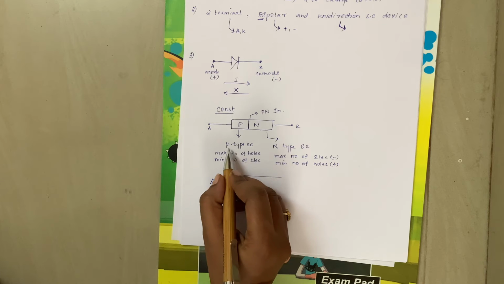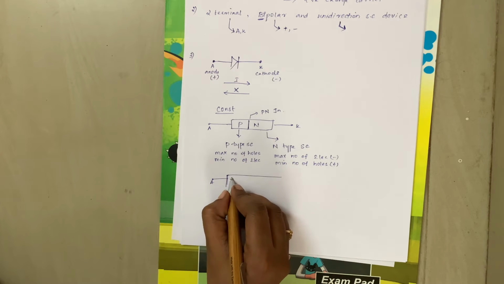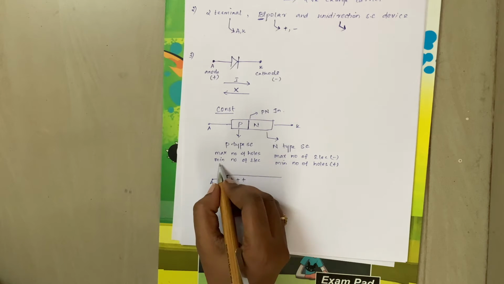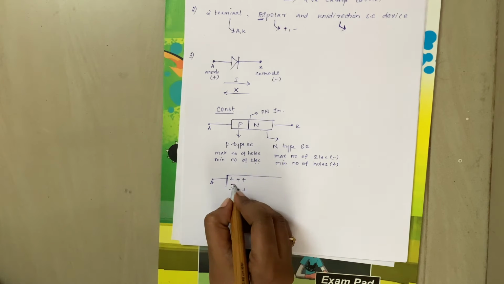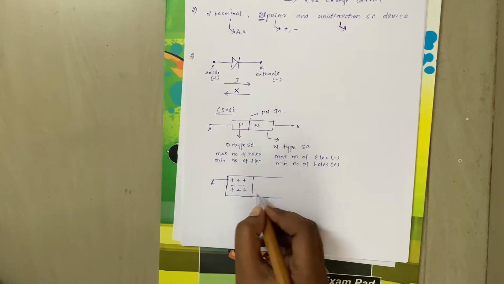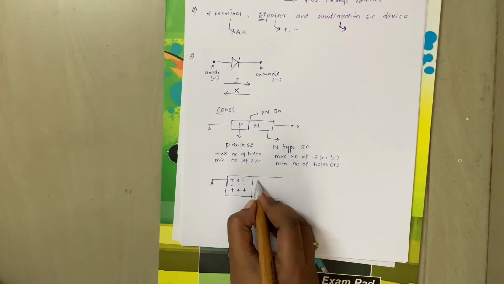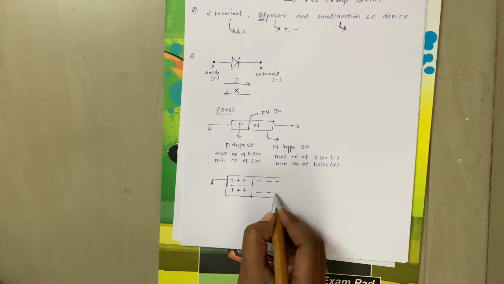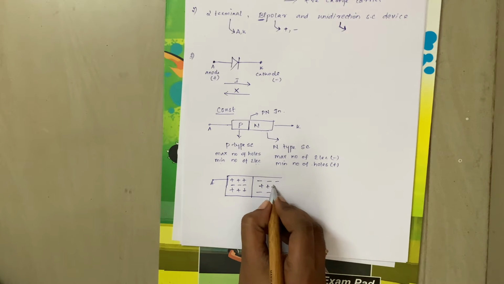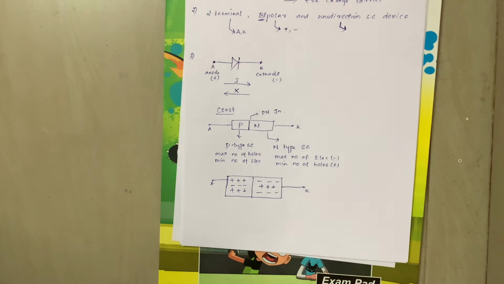P-type semiconductor consists of a maximum number of holes, which is represented as plus sign, and a minimum number of electrons, which is represented as minus. Now there is a junction in between. N-type semiconductor consists of a maximum number of electrons, represented as minus, and a minimum number of holes, which I'll represent as plus, and the other end is cathode.